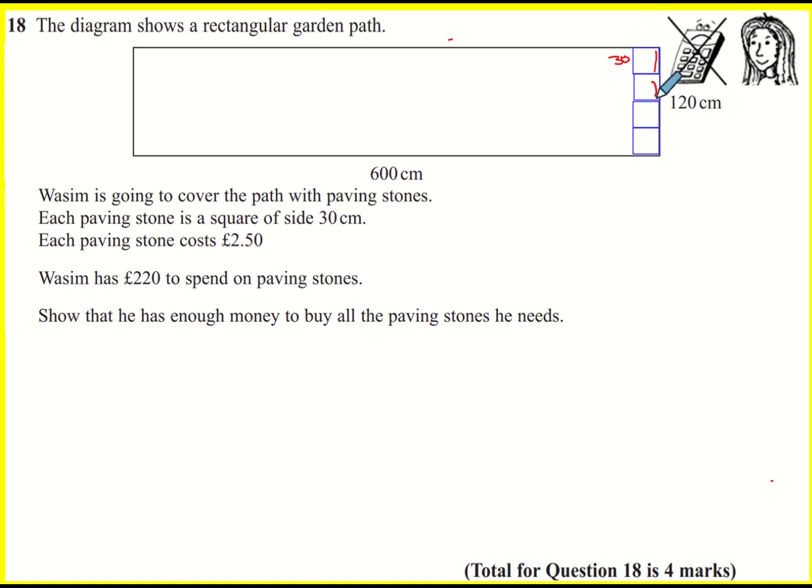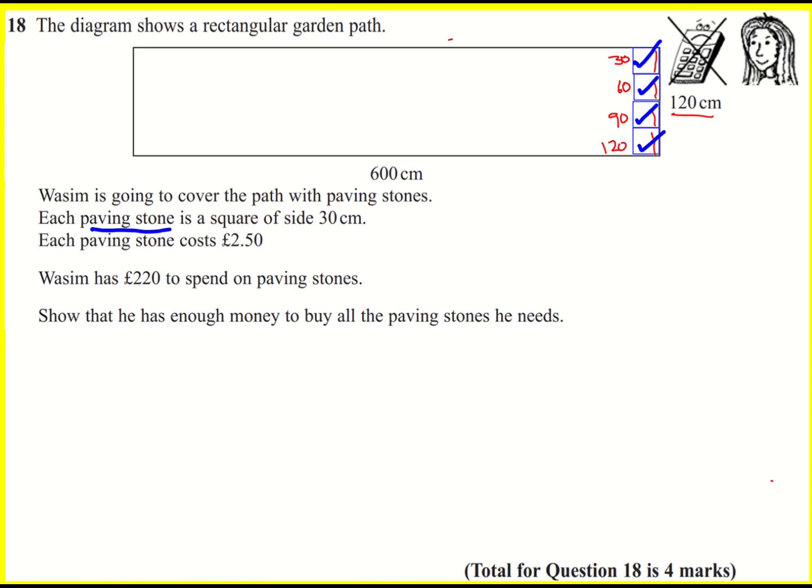This would then be 60, 90, and then finally 120. So 30, 60, 90, 120, which is obviously the width there of the path. So there's going to be 4 down the side. 1, 2, 3, 4 paving stones down the side.